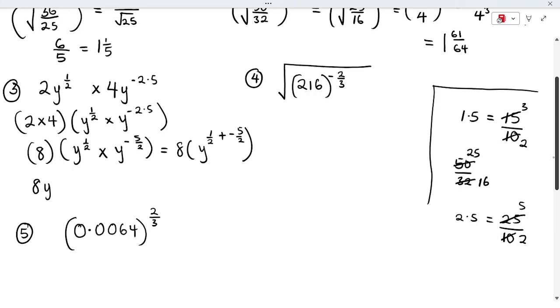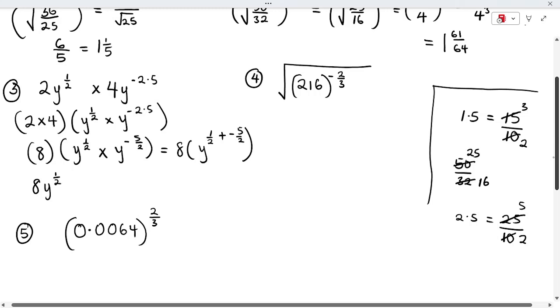So there you go. So then you have 8y raised to power. Whenever two signs are standing side by side, you multiply them. So you have 1 over 2. Let me write it properly. 1 over 2. Plus times minus is minus 5 over 2. And then this gives us 1 over 2 minus 5 over 2.